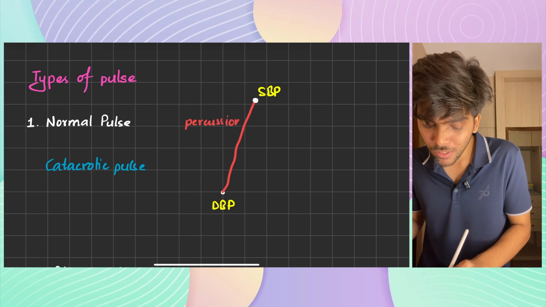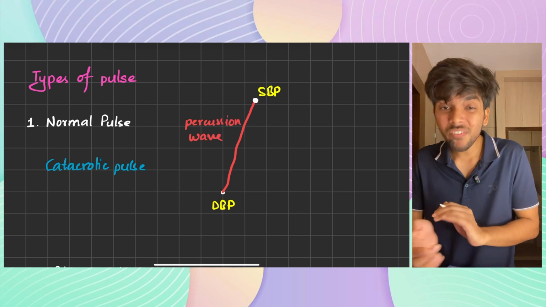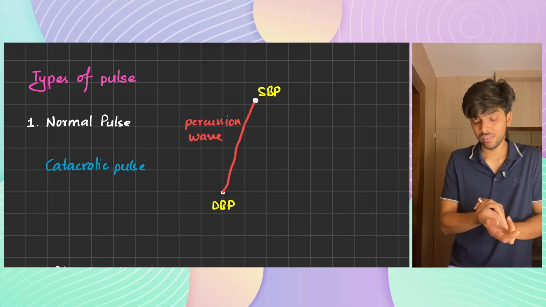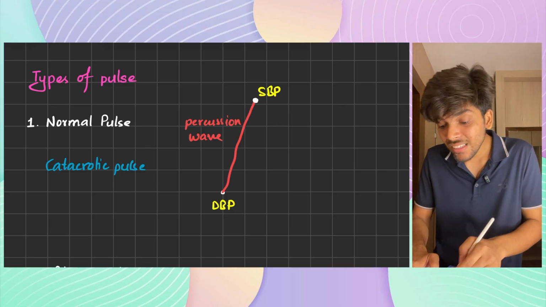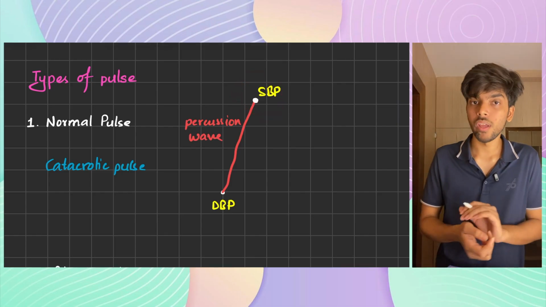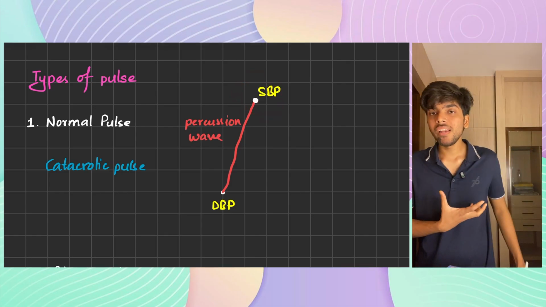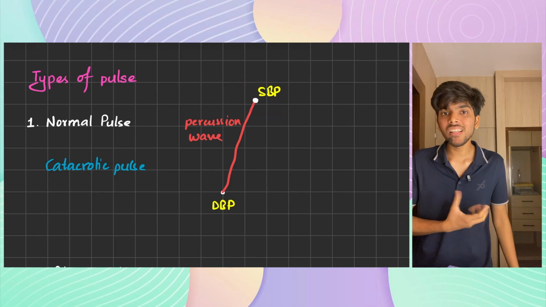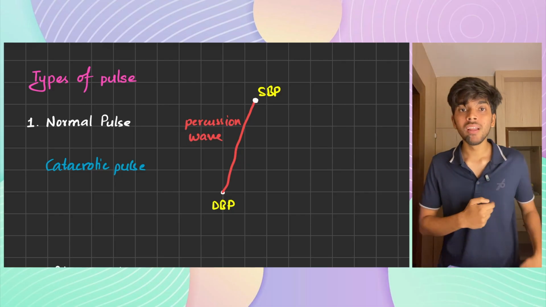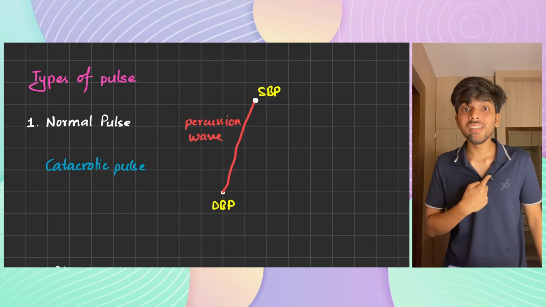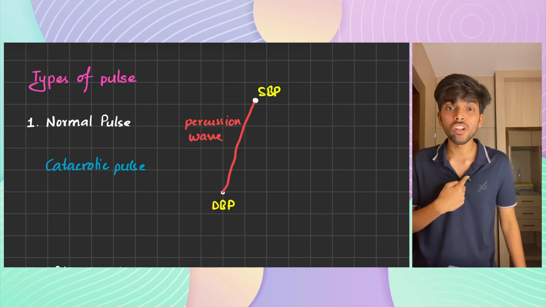When you palpate your peripheral artery, what you are feeling is the percussion wave, and the maximum intensity of the pulse that you are feeling is the peak of the percussion wave. How? The left ventricle contracts, and the pressure inside it increases from diastolic to systolic blood pressure. As the aortic valve is open, the pressure inside the aorta also increases from diastolic to systolic blood pressure.